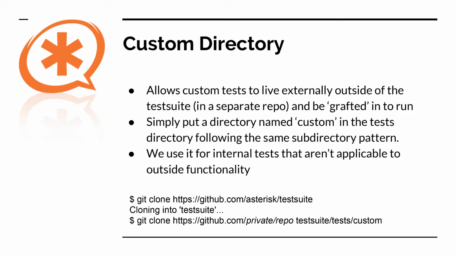Let's talk quick about the custom directory. There is an ability, which we actually have customers of Digium that are using, where you can use the test suite and then graft into it your own custom set of tests. There's a custom directory that doesn't actually exist in the test suite.